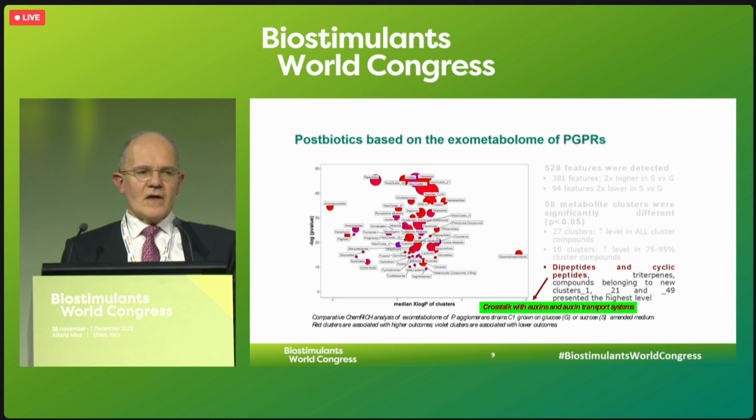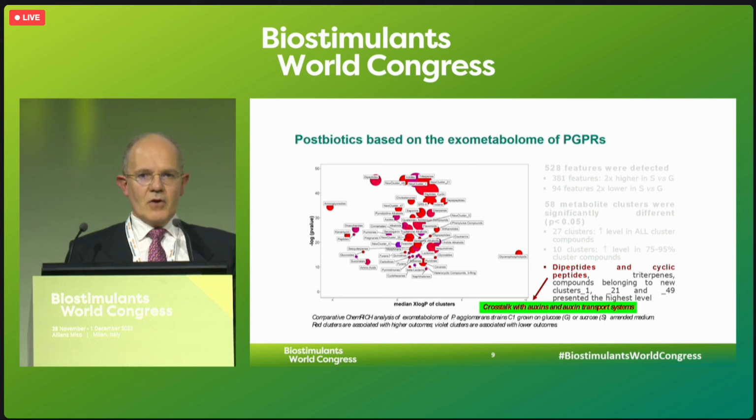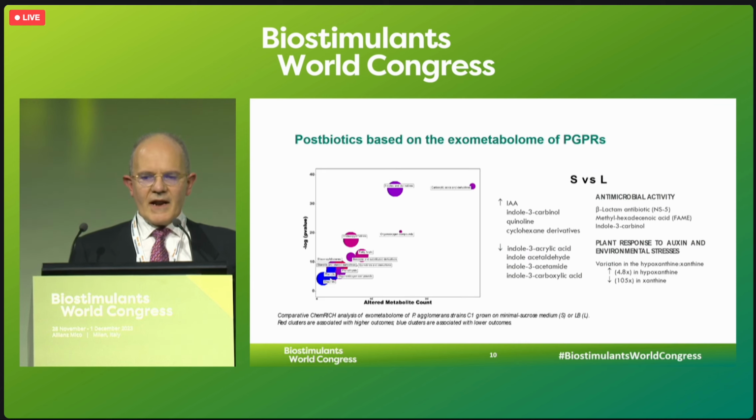So we focused our attention on the metabolome, and in particular on the exometabolome, on what could be a postbiotic based on Pantoea agglomerans. We also analyzed different media, the sucrose minimal medium against a classical peptone medium.